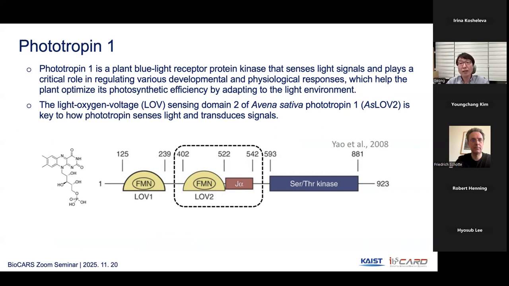It forms a dimer in light and stays monomeric in the dark, allowing process control with light. Phototropin is a blue light receptor protein kinase in plants with two LOV domains and a kinase. Dimerization triggers the downstream signaling by the kinase. Importantly, this process is mainly mediated by the LOV2 domain.